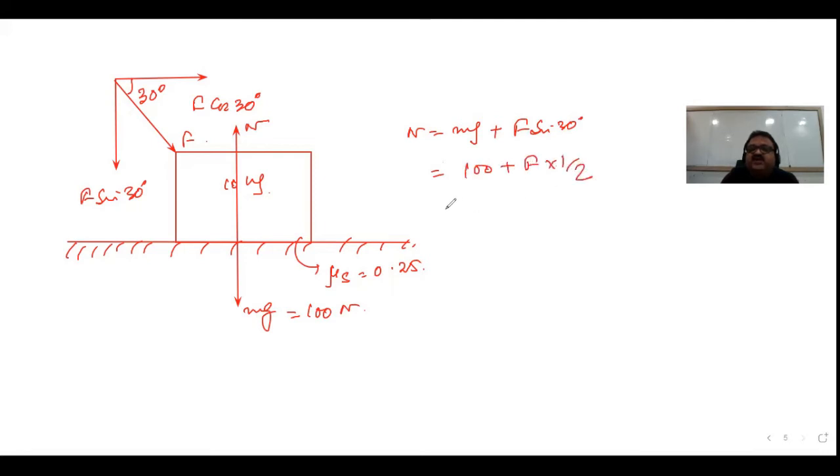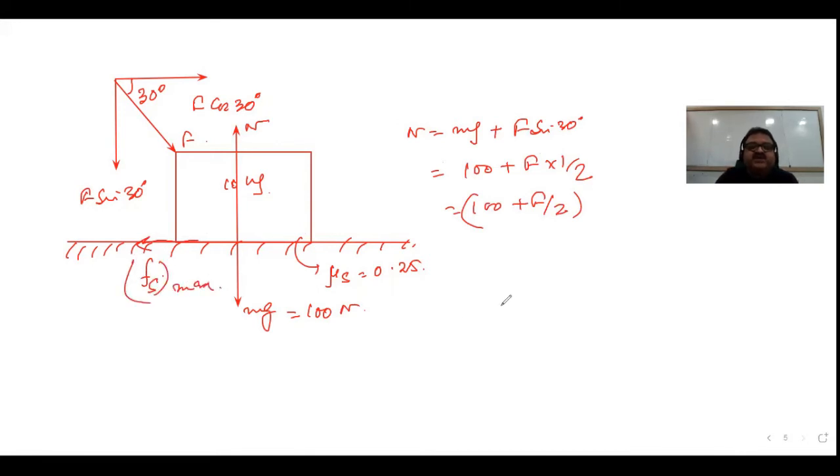That is half. That is 100 plus F by 2. Now, the body just begins to slide. That means in this case, the force of limiting friction will act and that will act along this direction. Tendency of motion is along this direction. So force of friction will act along this direction. But in this case, this is Fs maximum.